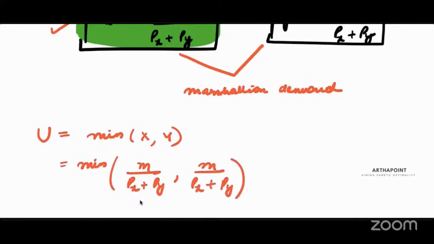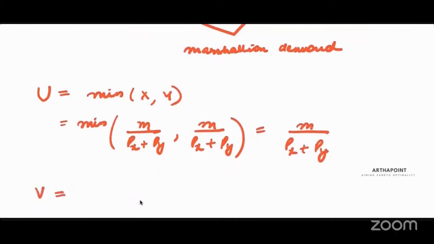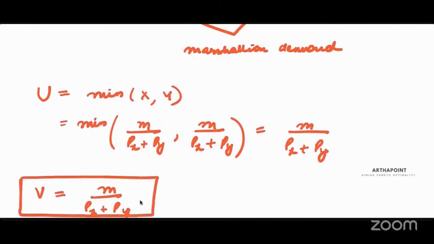X and y are same, so the min is the same number. So you will get m upon px plus py. So your indirect utility function will be this. Indirect utility function.